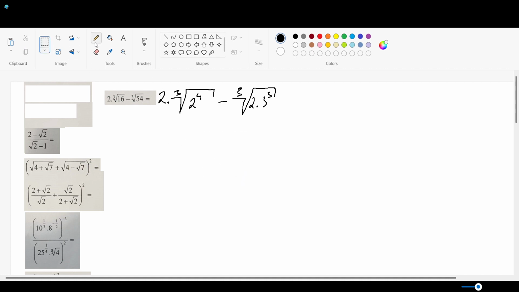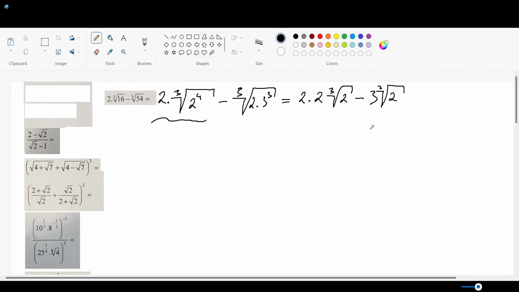And now the solution is really very easy, because the first term can be simplified like 2 times 2 third root of 2, yeah? And the second root can be simplified as we have the same power as the power of the root. We simply write this as take away 3 times third root of 2.